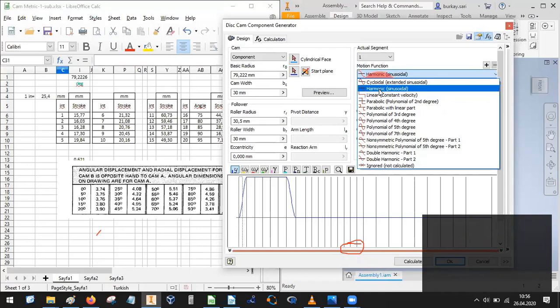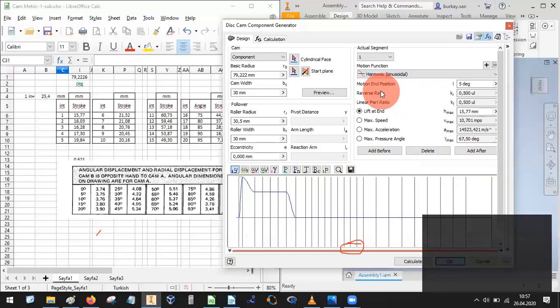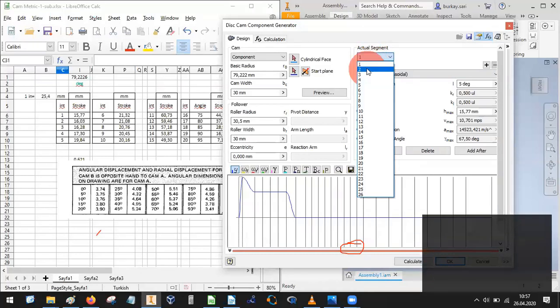I'm going to select the harmonic sinusoidal. We would like to have a very smooth transition between the segments. First, I have calculated. Then I will go to the second segment.